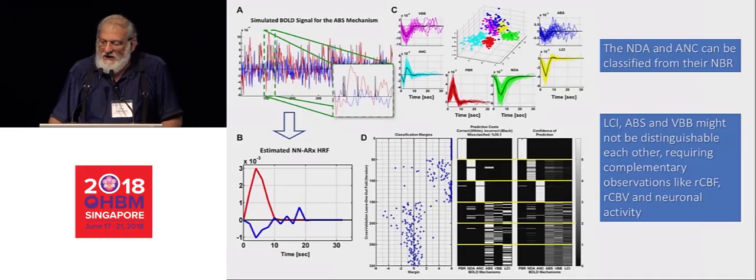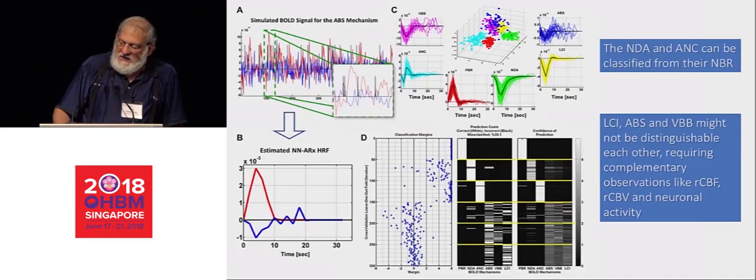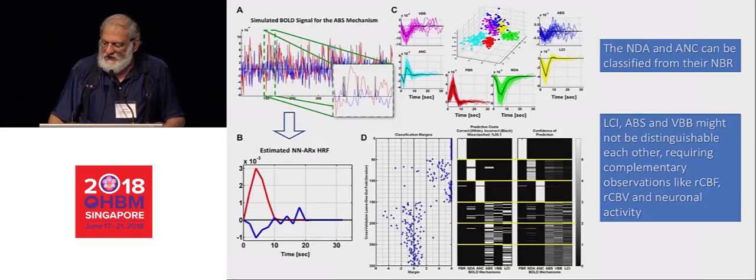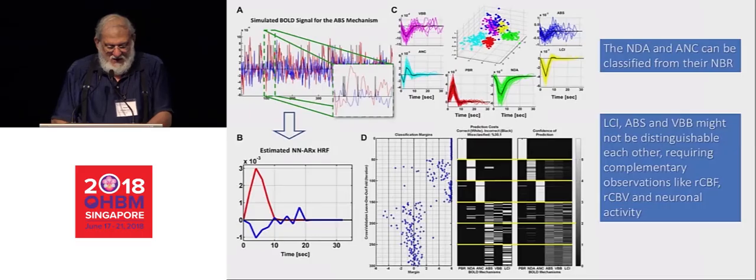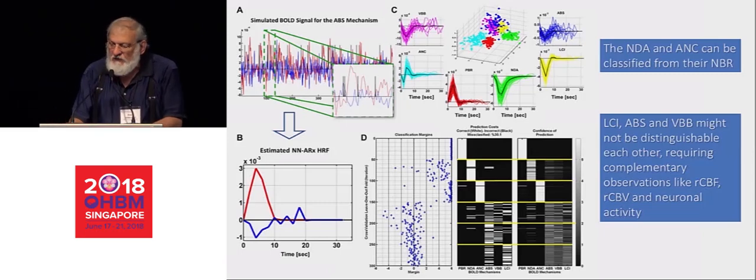Now, using that model and the design matrix that was constructed previously, and using quadratic linear discriminant, we use an ensemble machine learning technique to differentiate the different types of responses.